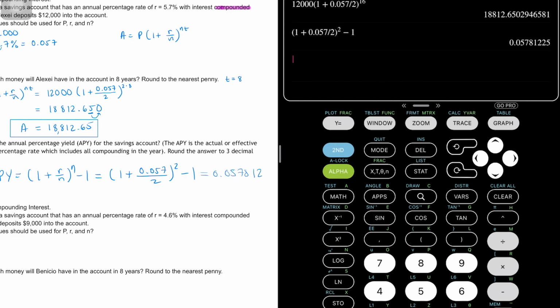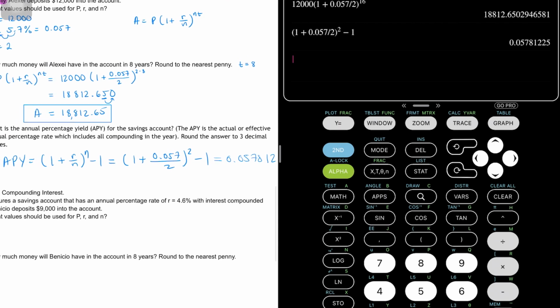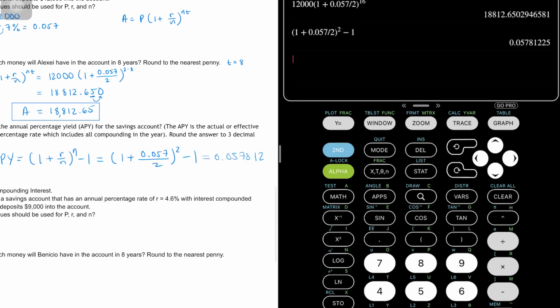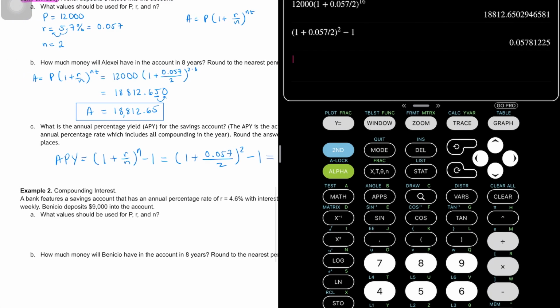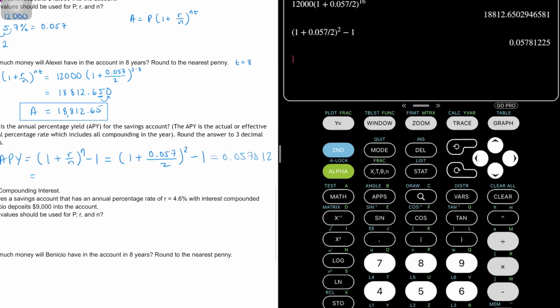0.057812. And this is supposed to be a percentage, right? So I actually have to write this in percentage form. So I have to move the decimal 1, 2. Right, so that's going to give us 5.7812. But they asked me to round it off to 3 decimal places.